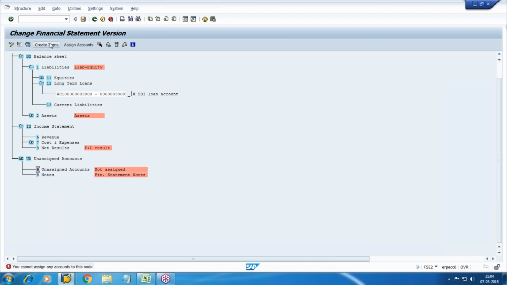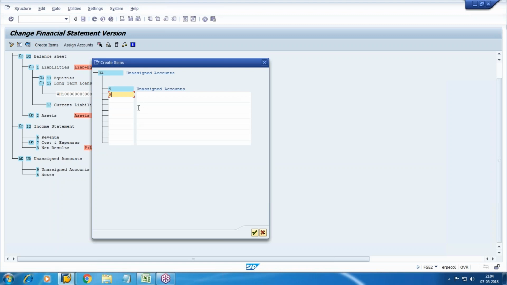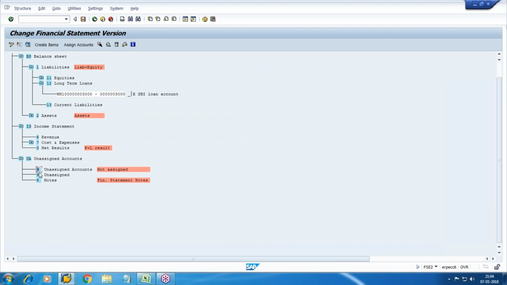Okay, under this we need to create under this category. I have to create the item.